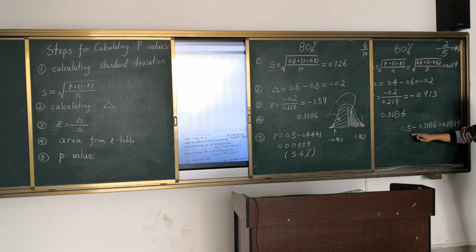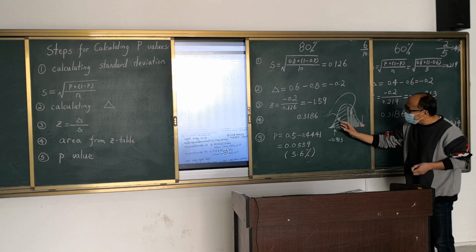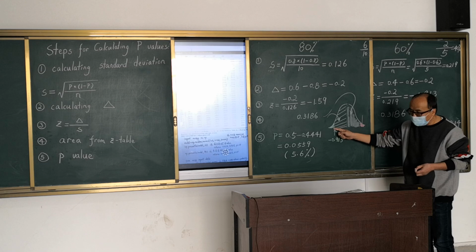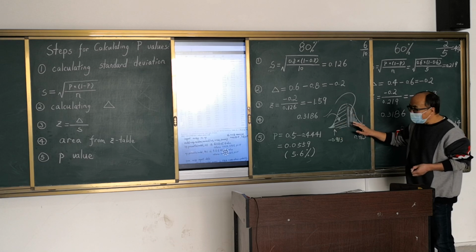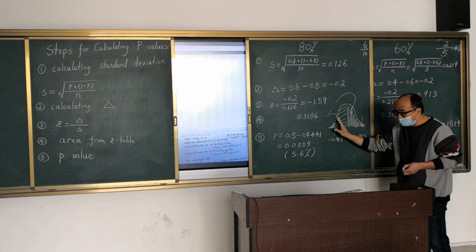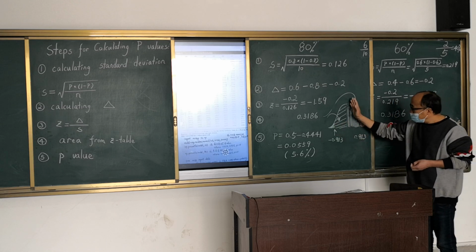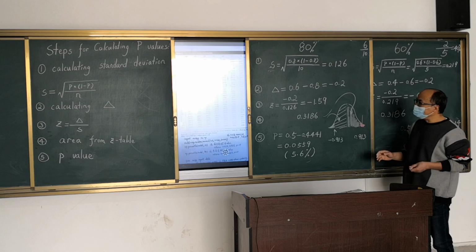Some students always tend to use 40% here. We are trying to figure out the area. The total is 1. Half is 0.5.